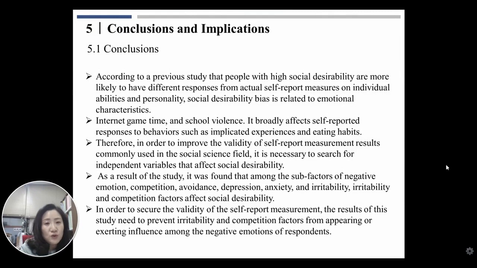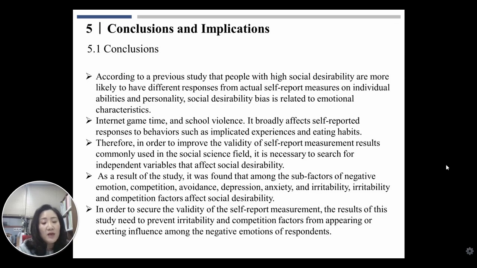According to previous studies, people with high social desirability are more likely to give responses that differ from their actual self-report measures of individual ability and personality. Social desirability bias is related to emotional characteristics, internet game time, and school violence.